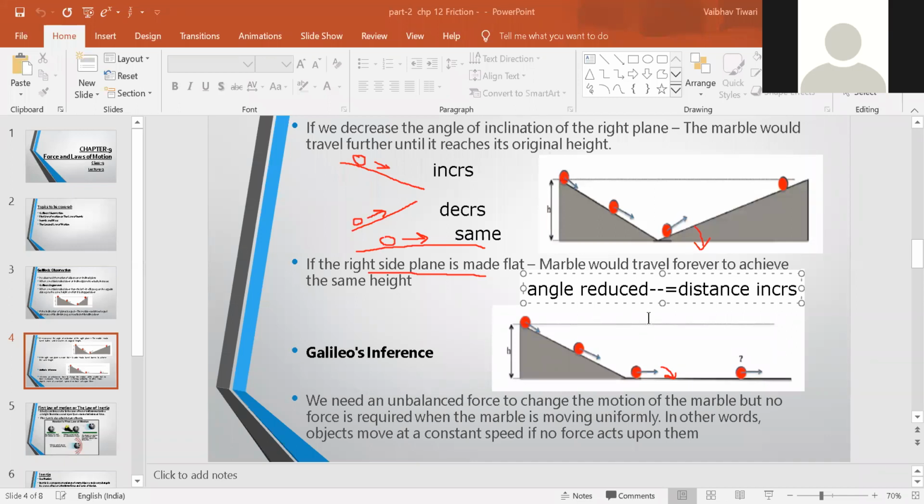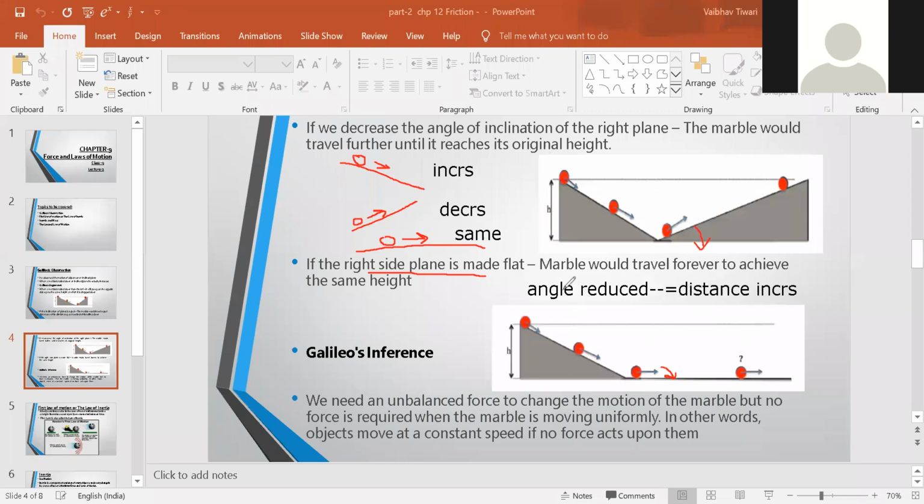The distance covered by the marble increases. So now the angle has been completely reduced. Now it is 0. So what would be the distance, or how much is the distance increased? This we have to check.